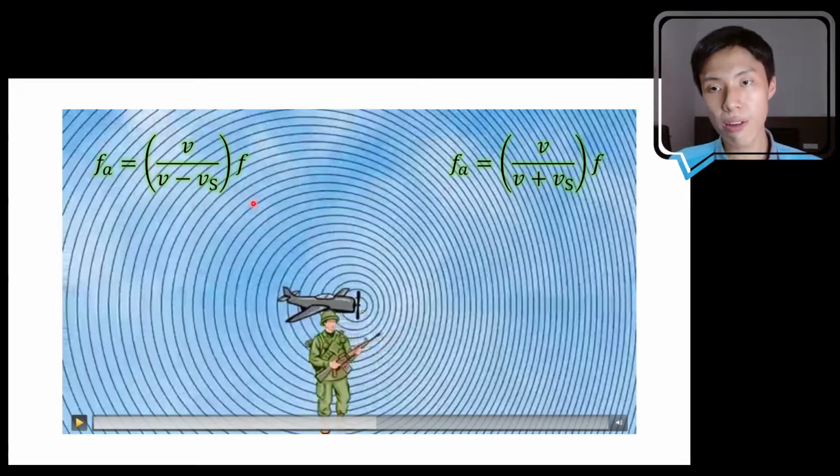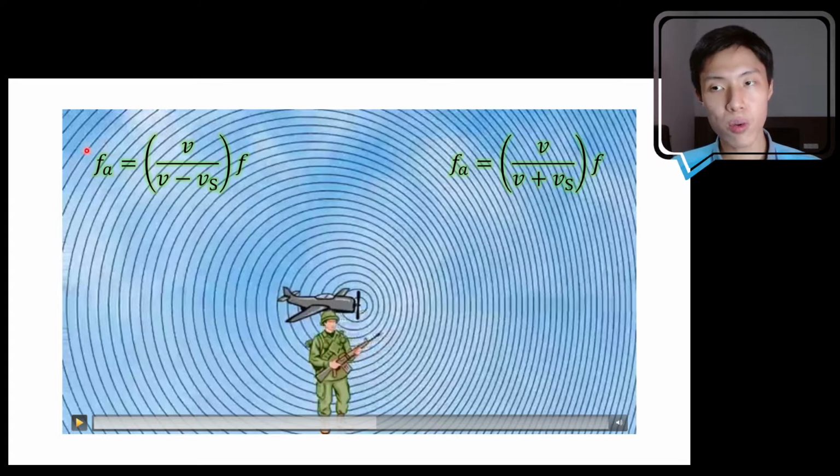That's why every parameter inside the right hand side of the equation here is constant. That's why the frequency apparent, the one that is observed by the soldier here, is constant throughout the journey. The frequency never changed throughout the journey from here to here, because everything here is constant value.